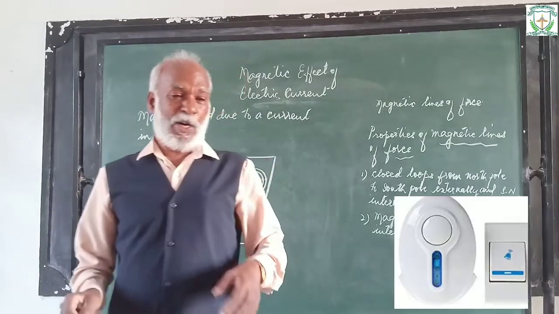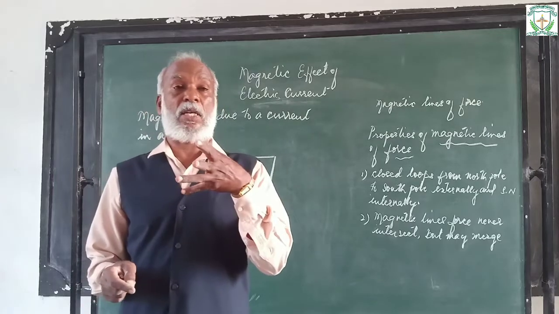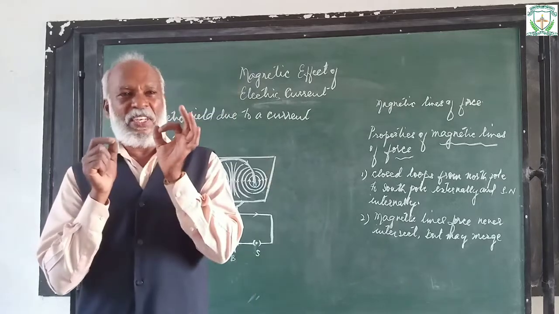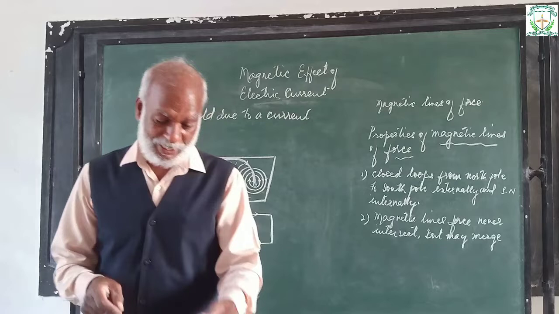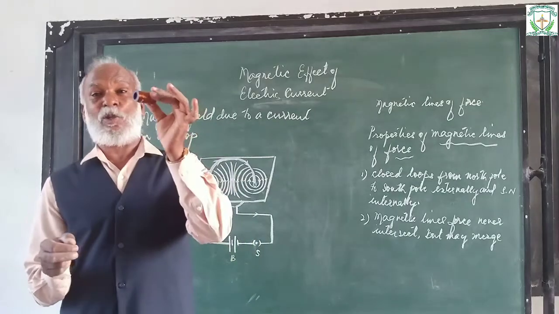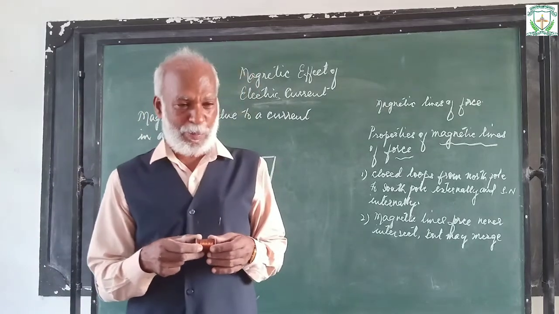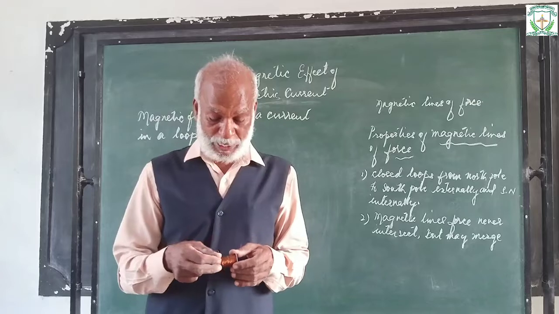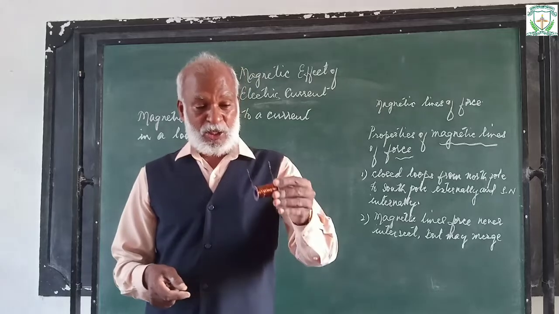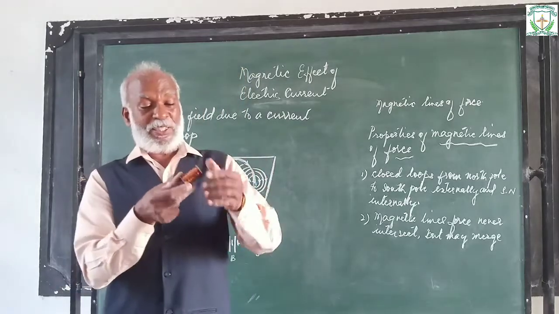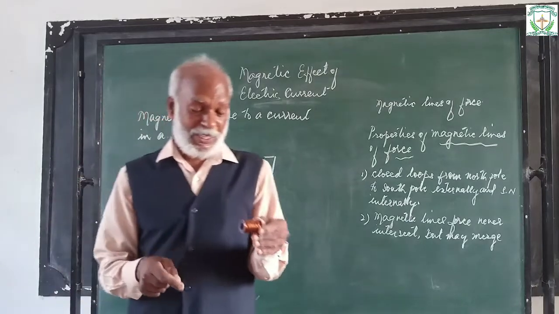Electrical relay, your ding dong calling bell, so many things. Any electronic gadget or electrical machine definitely will have an electromagnetic device. So electromagnetism is very, very important in today's life, today's science and technology. So this is one of the important inventions in modern science and technology.